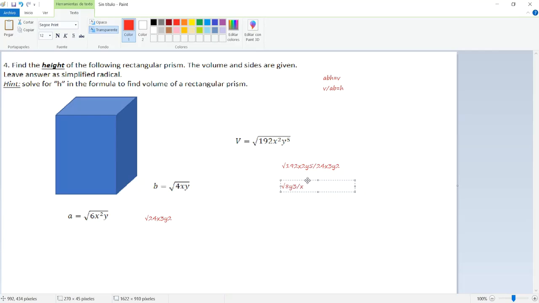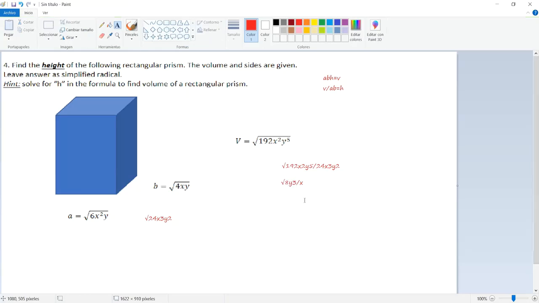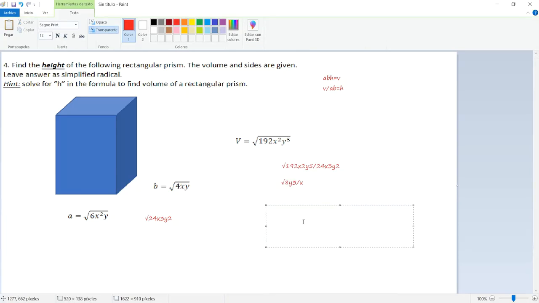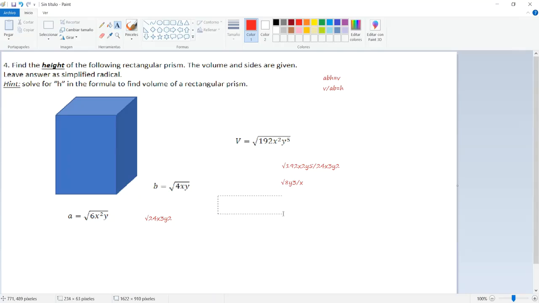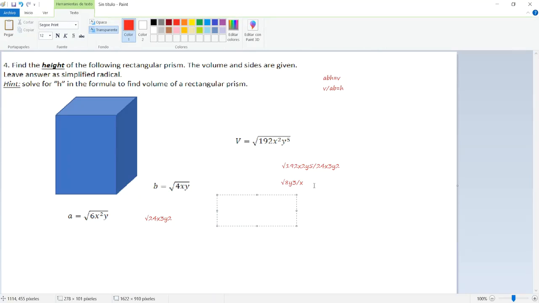Okay, over here we need to simplify the radical now that we have this. So first of all, we have the square root of 8y³ divided by x. What we have to do is find two numbers that multiply together to give us 8. So we have 1 times 8, which isn't the correct one since we would have the same.